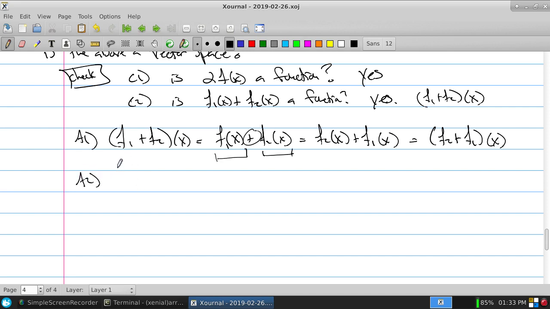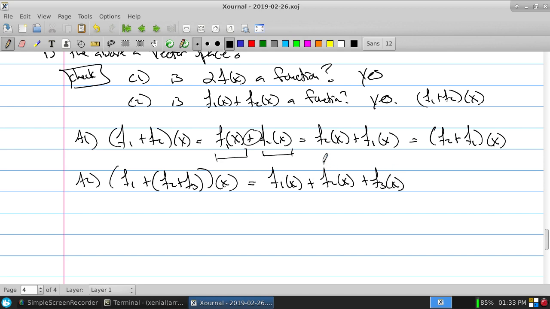A2. What if I would have function 1, but then I had function 2, function 3 as a function? What does that mean? Eventually, I'll skip some steps, that'd be f1 of x plus f2 of x plus f3 of x in parentheses. But these are real numbers, right? These functions are the plus of functions.